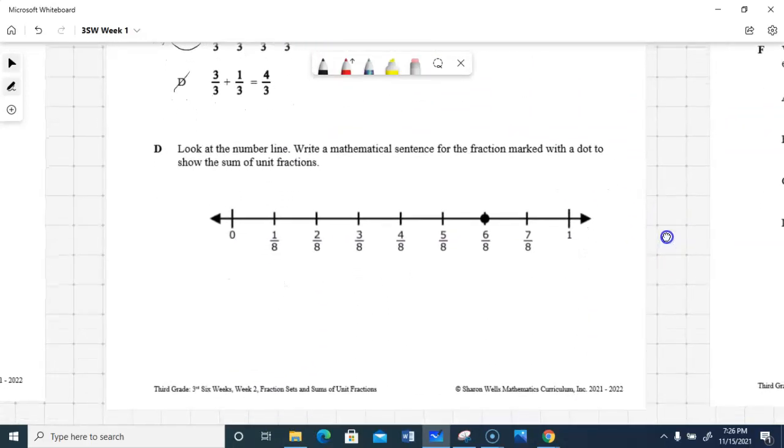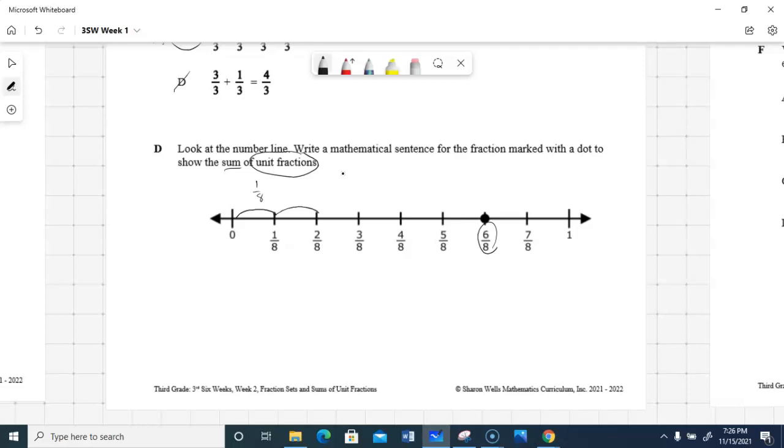Okay, on D, it says, look at the number line. Write a mathematical sentence for the fractions marked with a dot to show the sum of unit fractions. Okay, so when you show the sum of unit fractions, we know unit fractions are fractions that have the numerator of 1, and I see that it shows that 6/8 is the mark where they put the dot on the number line, and each one that jumps represents 1/8, so that's 1/8.